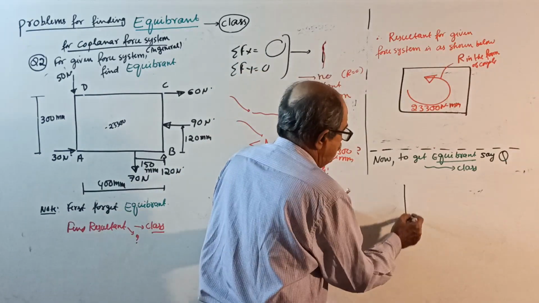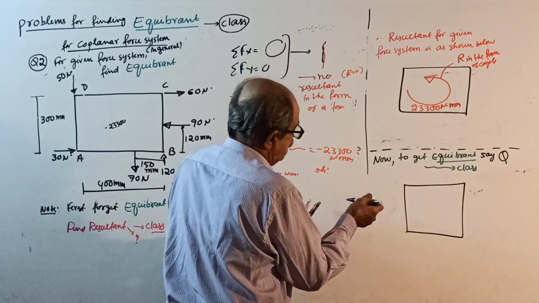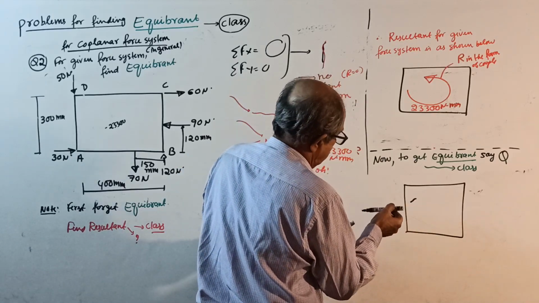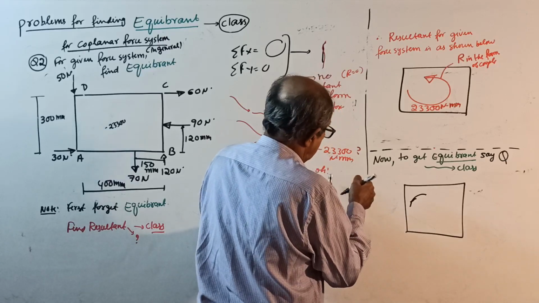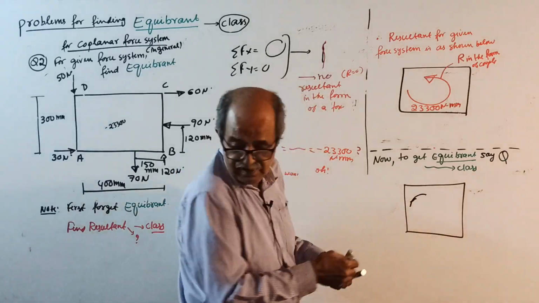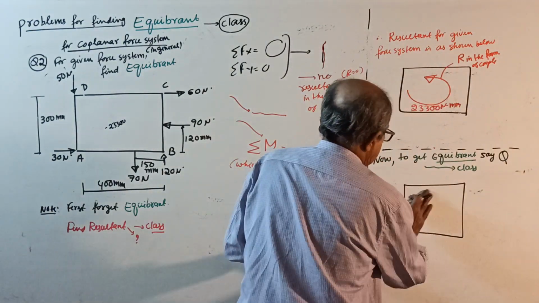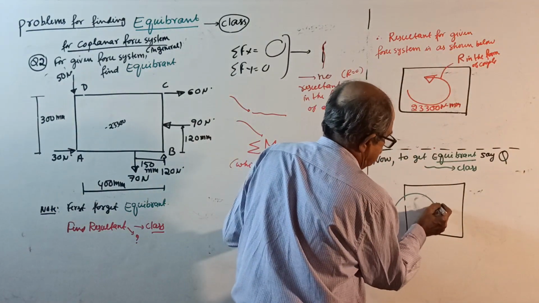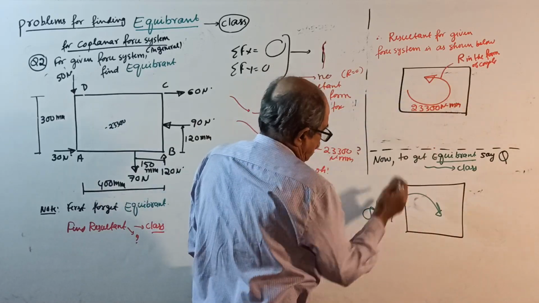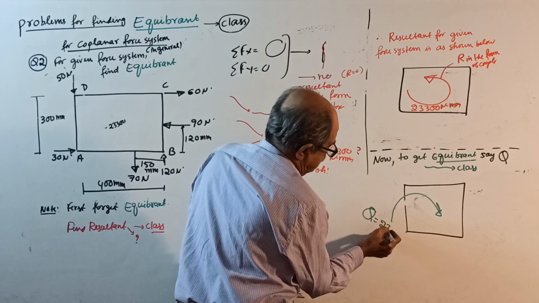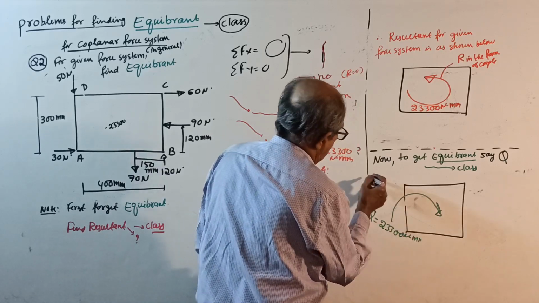Therefore, the equibrant for the given force system, say Q, is a clockwise couple of 23300 Newton millimeter. Okay, over.